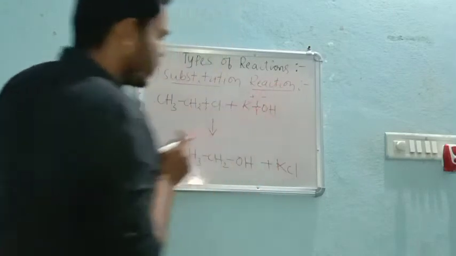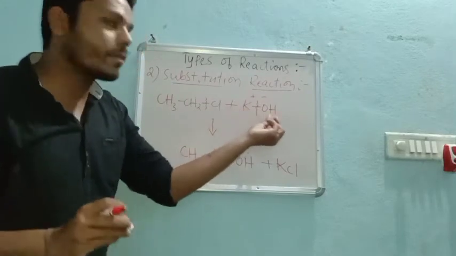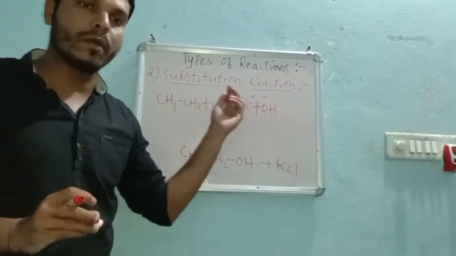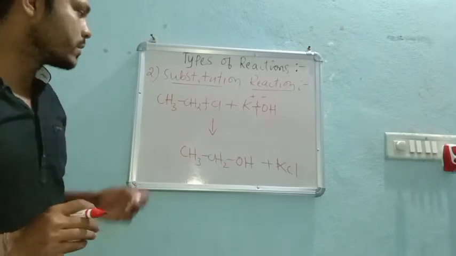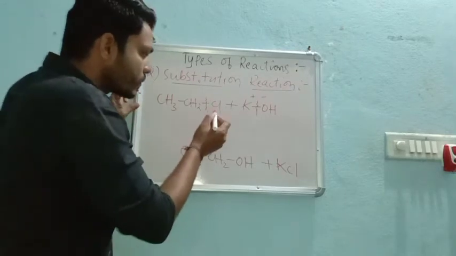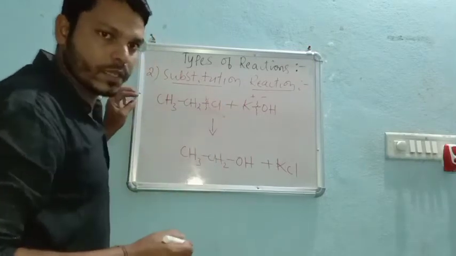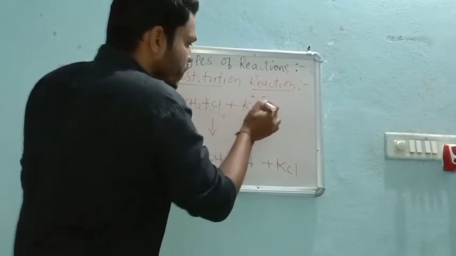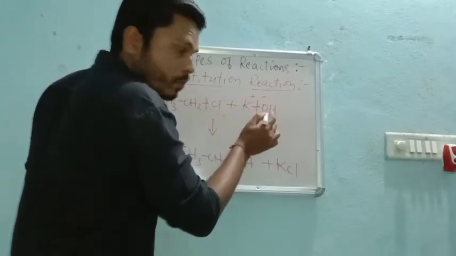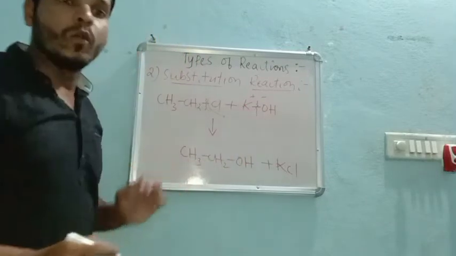And here, the bond between potassium and the hydroxyl group is broken. Cl has been removed from this compound, and because we have removed Cl, the bond has to break. That means potassium has to break its bond with the OH.